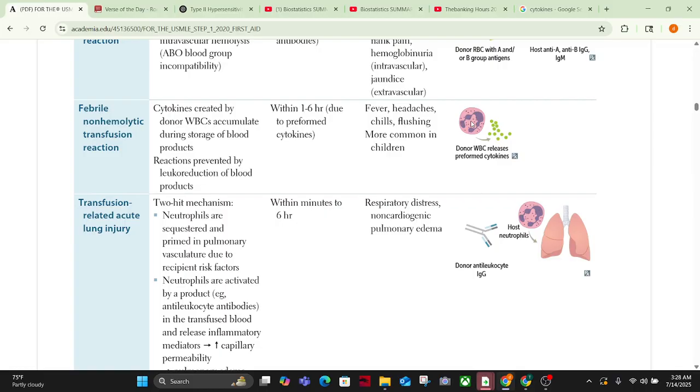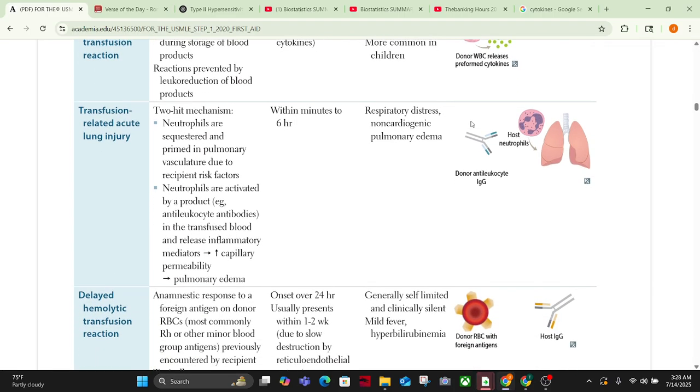Next, we have transfusion-related acute lung injury. It's a two-hit mechanism. Neutrophils are sequestered and primed in pulmonary vasculature due to recipient risk factors.